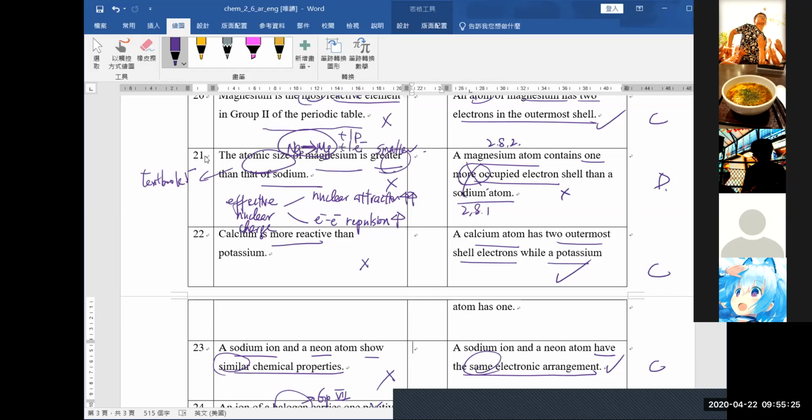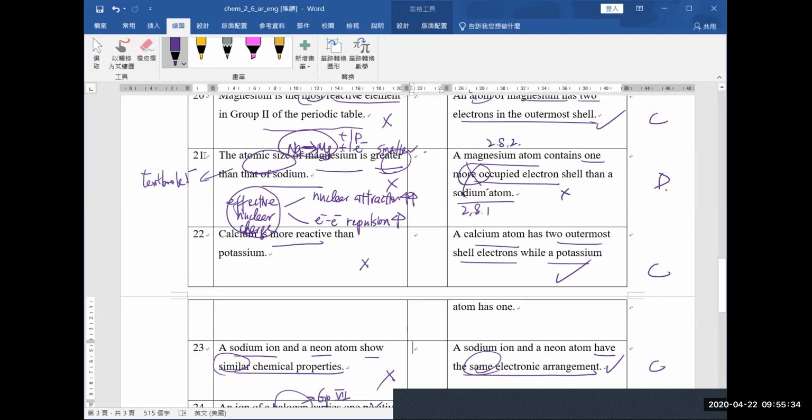So the concept we call effective nuclear charge, but this one is out of the syllabus. For further details, you need to refer to textbook 5. And so what is the outcome? The outcome is the atomic radius decreases across the period.